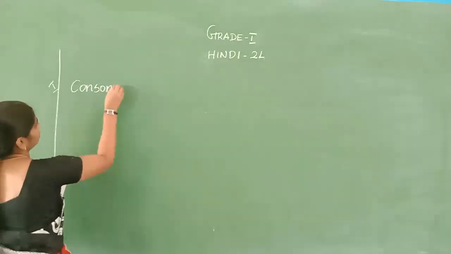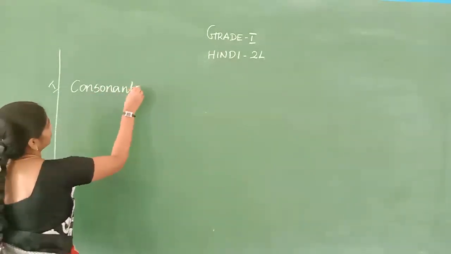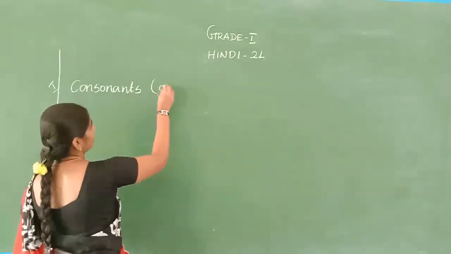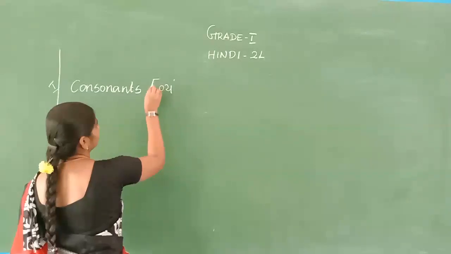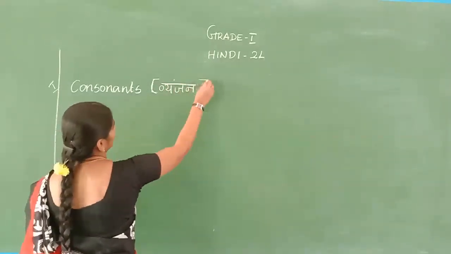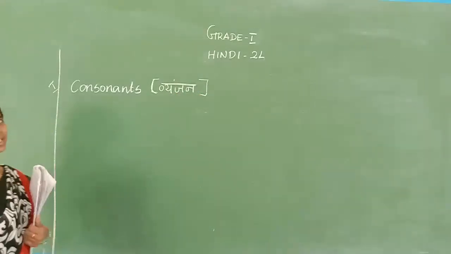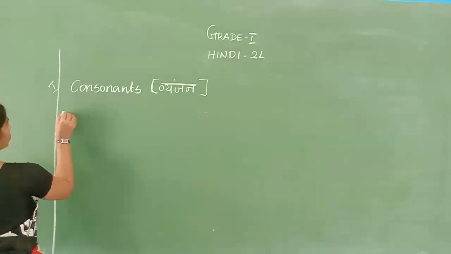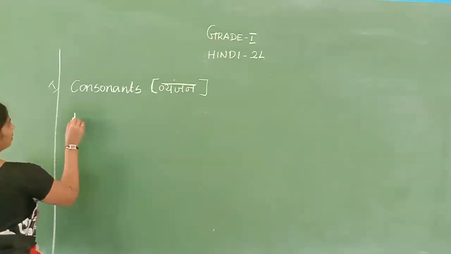Consonants. Vyanjan. Consonants. Okay, the first one. We have to write the first two lines, children.